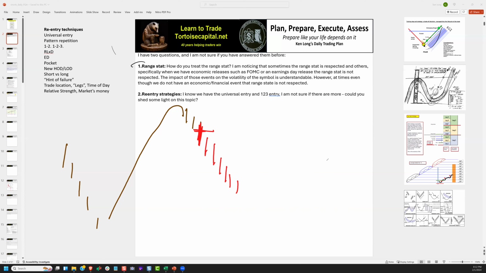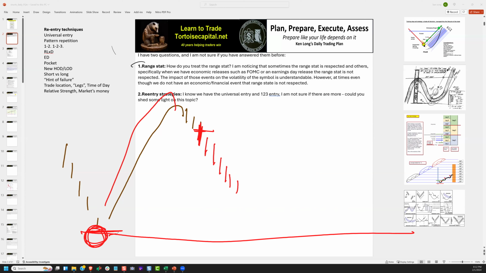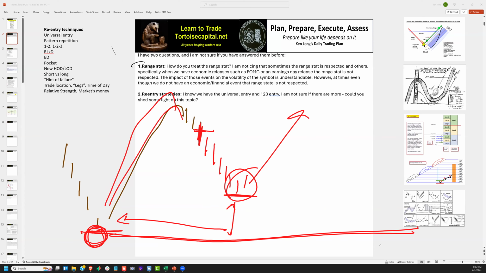It never gave you a universal entry, but the original winning trade had its stop right here. As long as this thing, when it turns, makes that swing low higher than the original stop of the winning trade, then you can take the universal reentry. That's a poor man's kata 2.